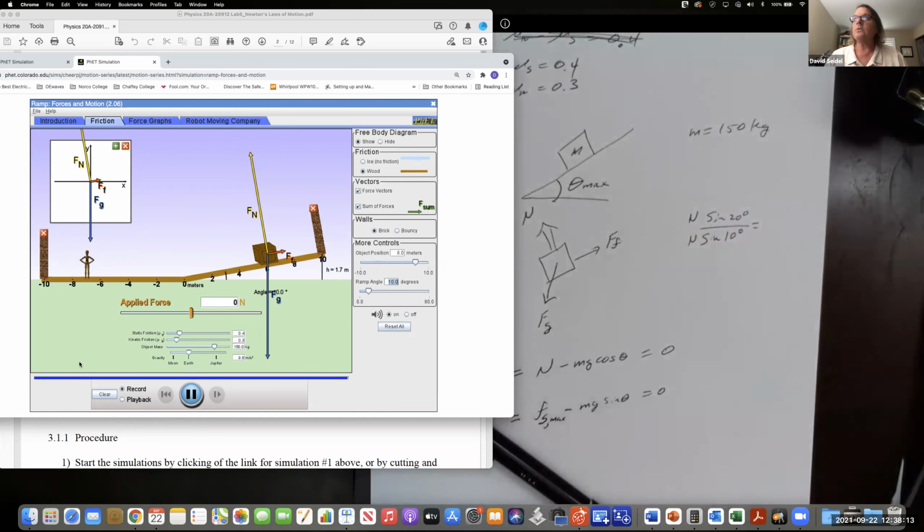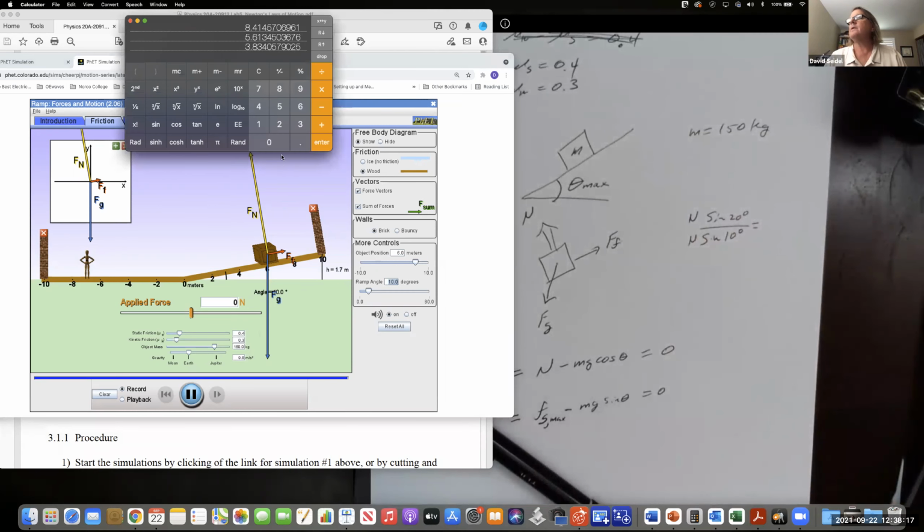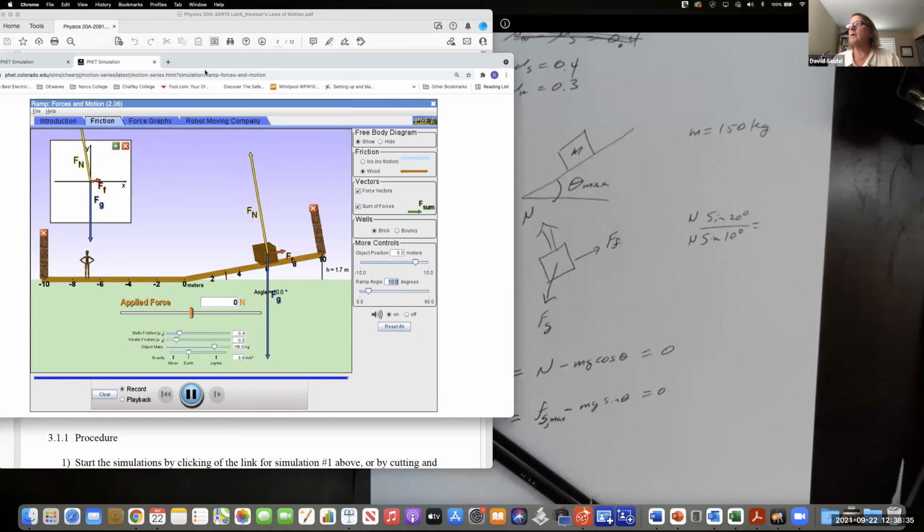So if I do on my calculator sine 20 divided by sine 10, it should get about twice as big. So this vector should get about twice as long. Let's type in 20 now.